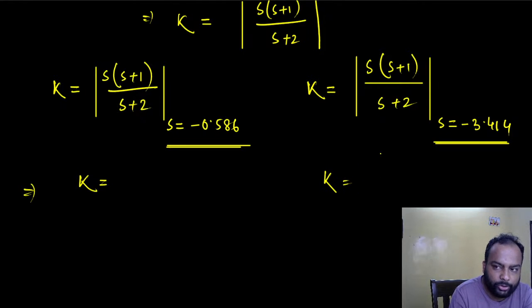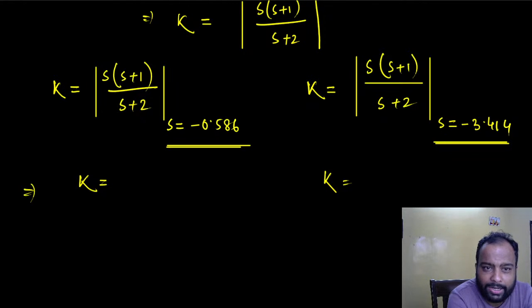So I am leaving it to you. Or should I do the calculation myself? Let me do it myself, and you're going to verify my calculation, right? So minus 0.586. Let's bring up a calculator.